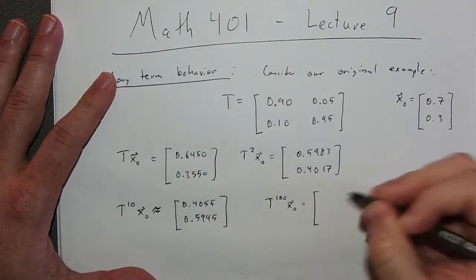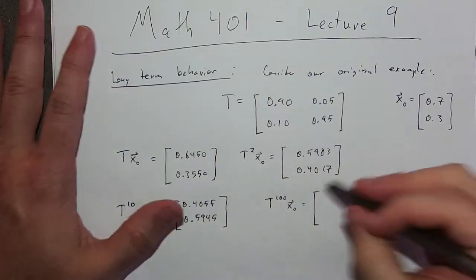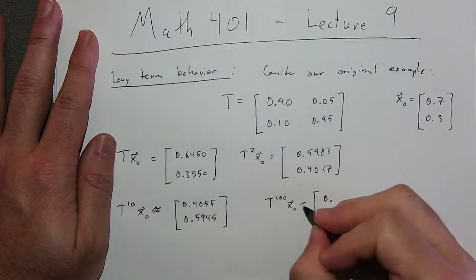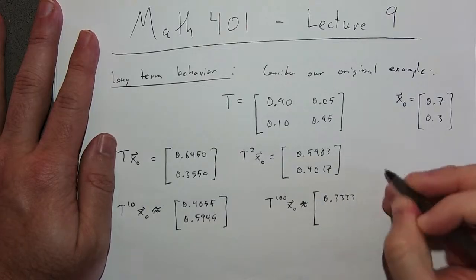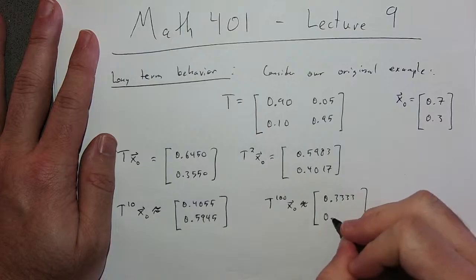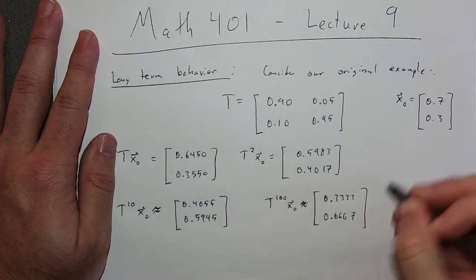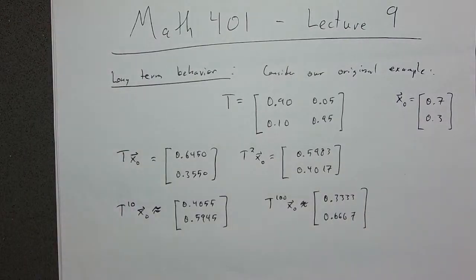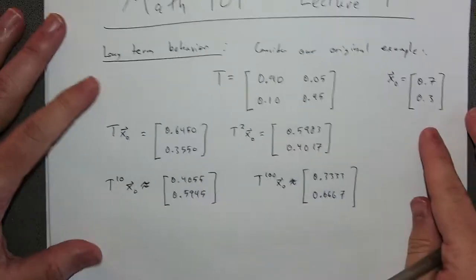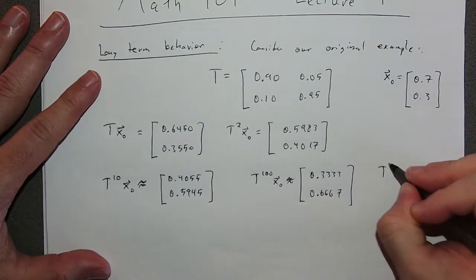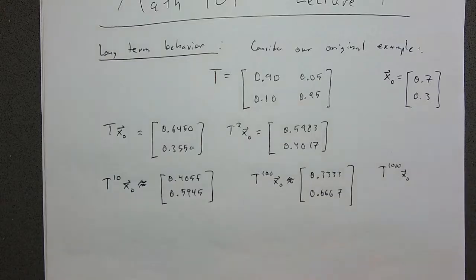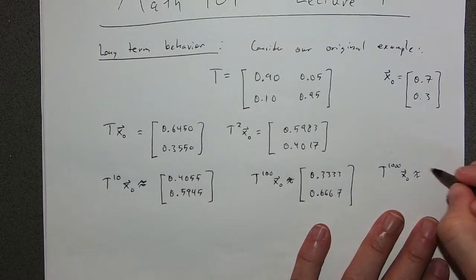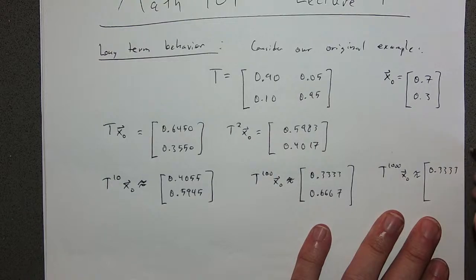What does this look like? Again, this is approximately 0.3333 and 0.6667. One more, just for good measure. What about at the 1000th time step? It's the same as the last case.